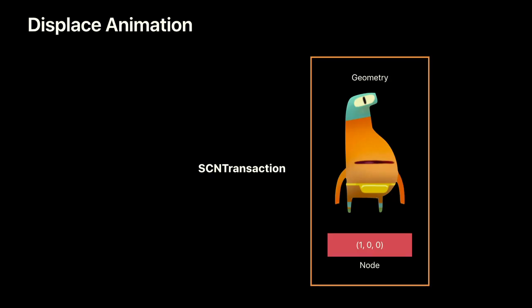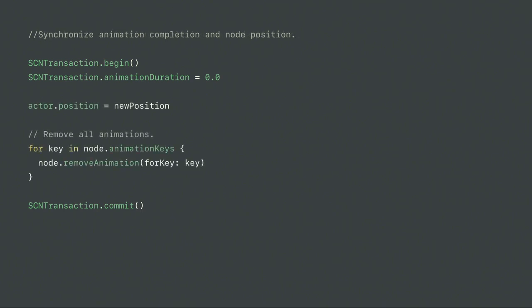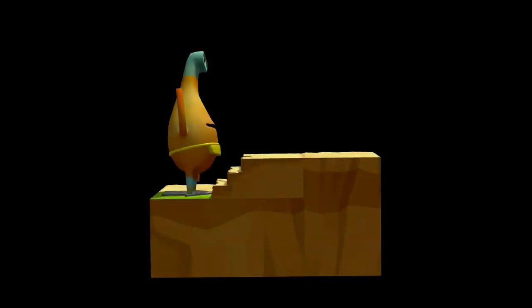So let me show you what that looks like. You set up the transaction with the begin and commit calls. And in our case, we want an animation duration of 0 because we need it to happen in the exact same frame. We move the character to the new position, and we remove the animations, making Byte ready for the next round of animations. So let's see this in action.